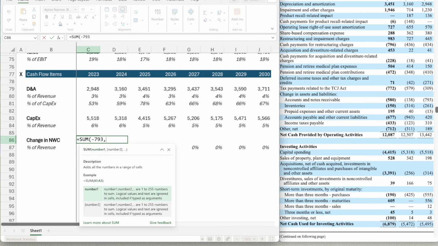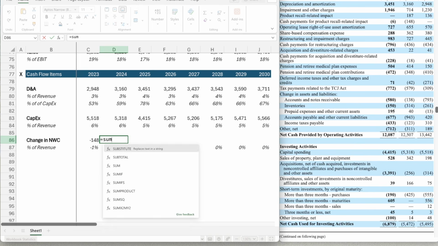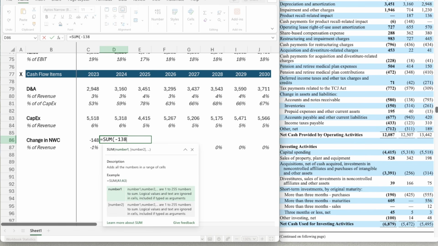Negative 793, negative 261, negative 30, 420, 0, 18. Negative 138, negative 314, 40, negative 3.